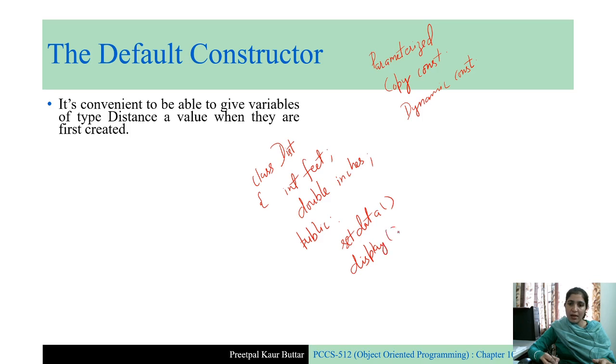It also had a member function add distance, which could add the distances of two objects. What do we mean by variables of type distance? Type distance means class distance.